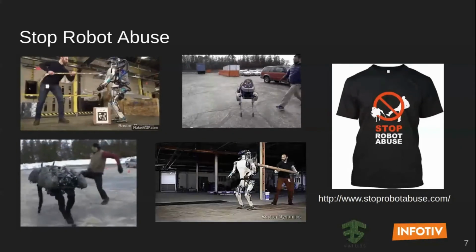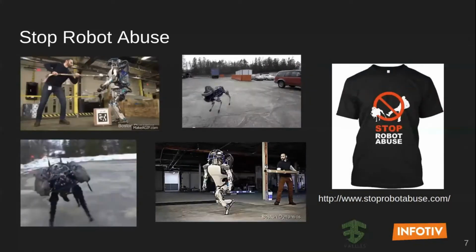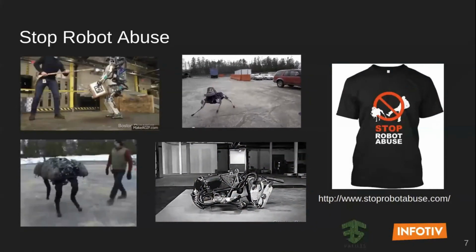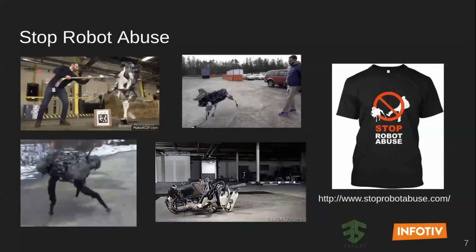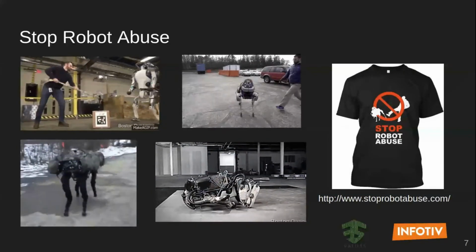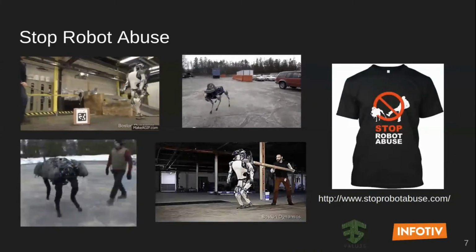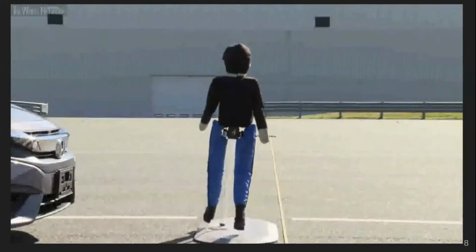To start my presentation, let me show you some video clips from the Boston Dynamics company and how inhumanely these smart systems are tested. Sadly, it's not only American Boston Dynamics that uses a physical environment to test their systems.